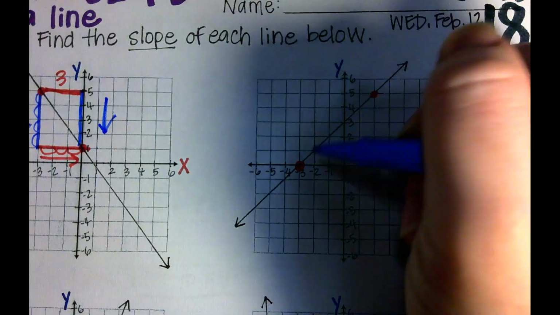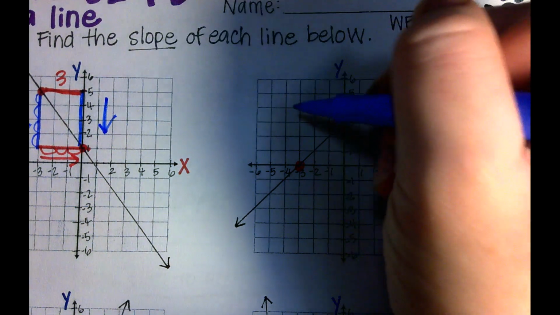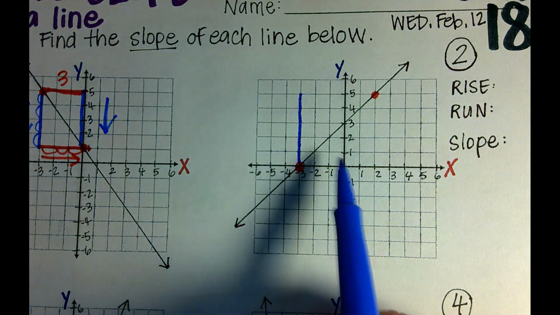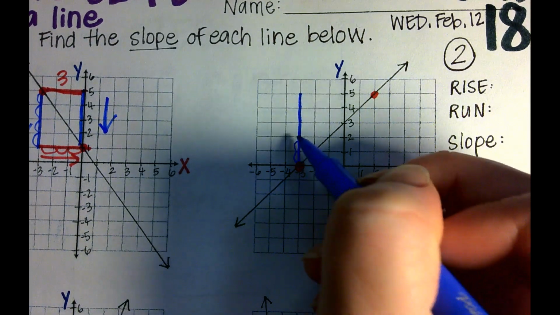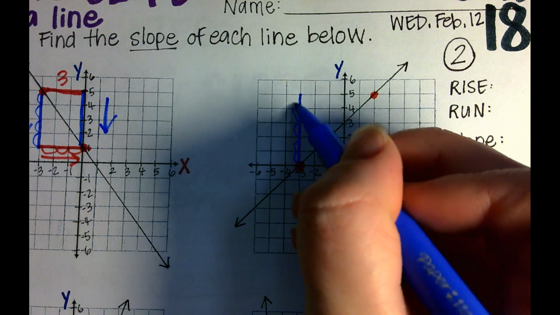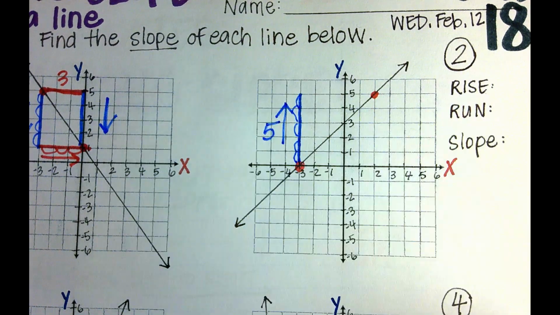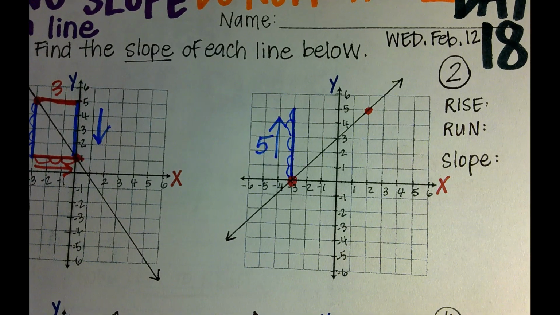Up, good. So I see that my second point falls here. I'm going to draw a line going up to where my second point is. And let's count that. 1, 2, 3, 4, 5. So I went up 5. So what's my rise? 5.